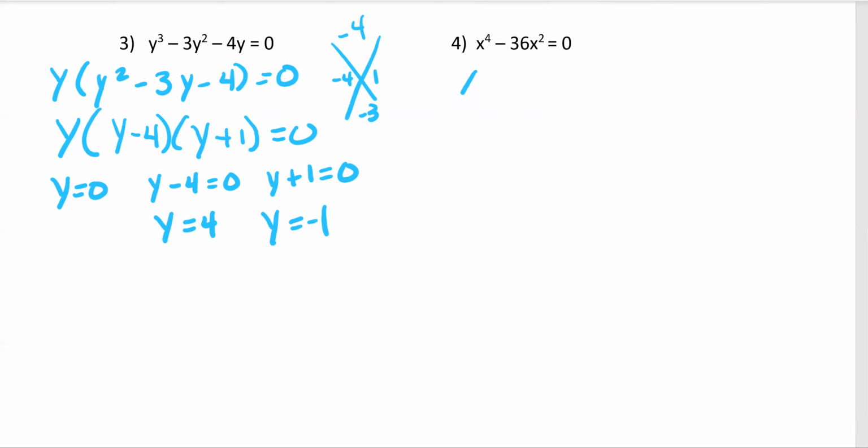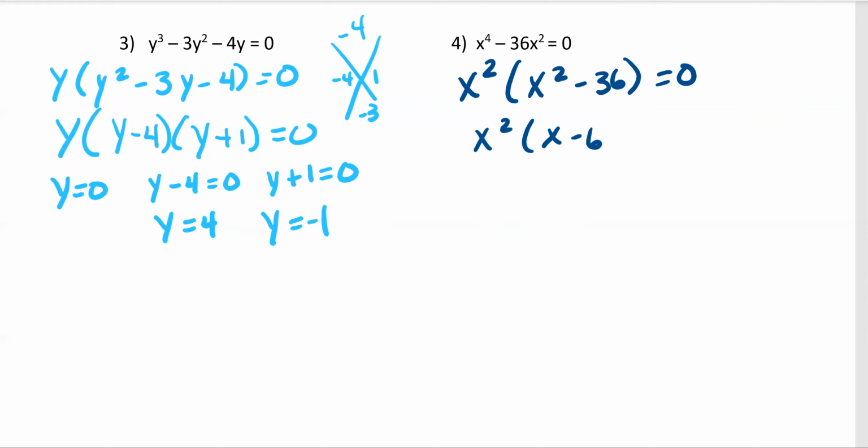Number 4, greatest common factor is x squared. X squared minus 36 is a difference of perfect squares.